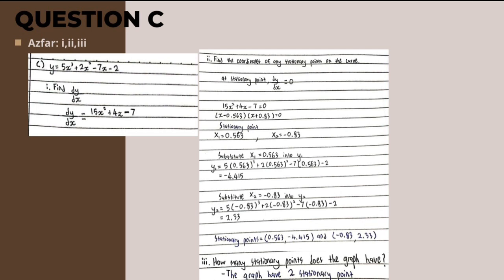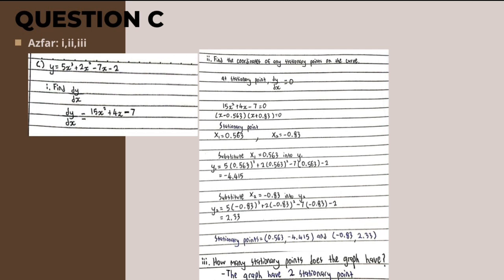So the answer for y1 is negative 4.415. So next, substitute x2 equals negative 0.83 into y2.